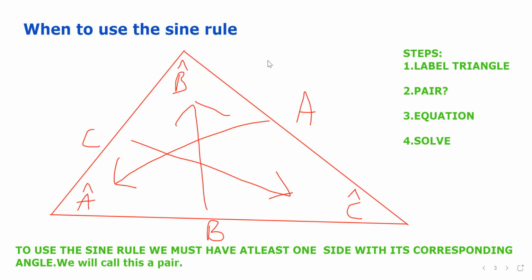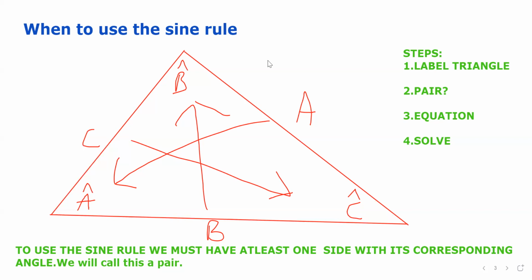And then the third step, use the equation, and once you have the equation, you solve. Very simple. Label it, you must label it. Look for a pair. Once you look for a pair, you'll know whether you're using the sine rule equation or the cosine rule equation. Once you get your equation, you plug in the values that they gave you, and you solve for what you need to solve for. And that's it. Alright, just to recap: to use the sine rule, we must have at least one side with its corresponding angle, aka a known pair.